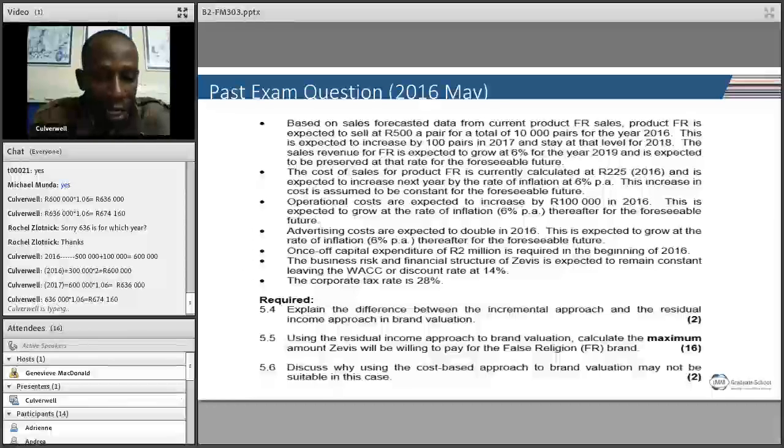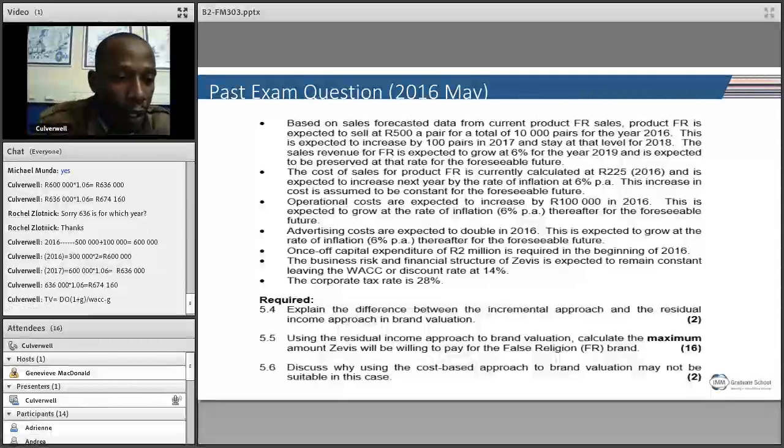The concept of terminal value is derived from the dividend growth model, which says terminal value is equal to D0, open bracket, 1 plus g, close bracket, D0 increasing at the growth rate, divided by your WACC, which is your weighted average cost of capital, minus your g.